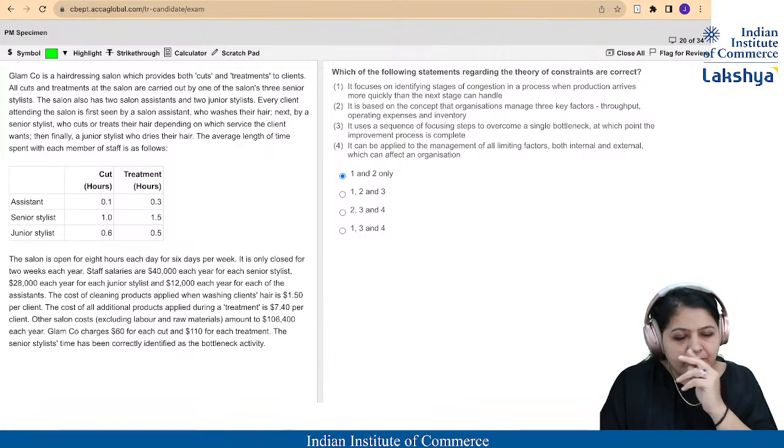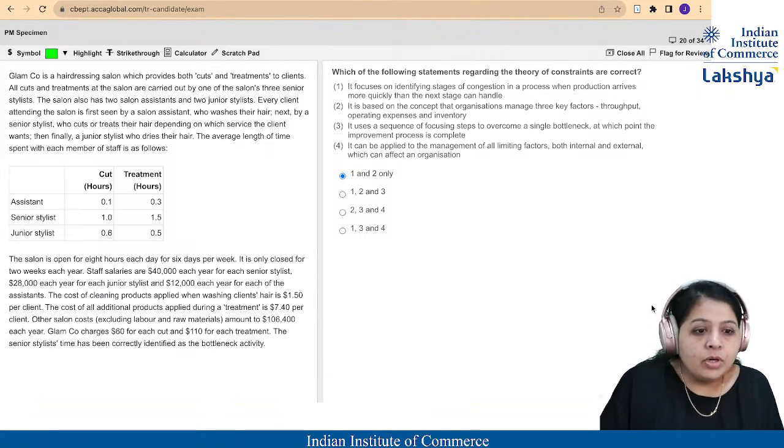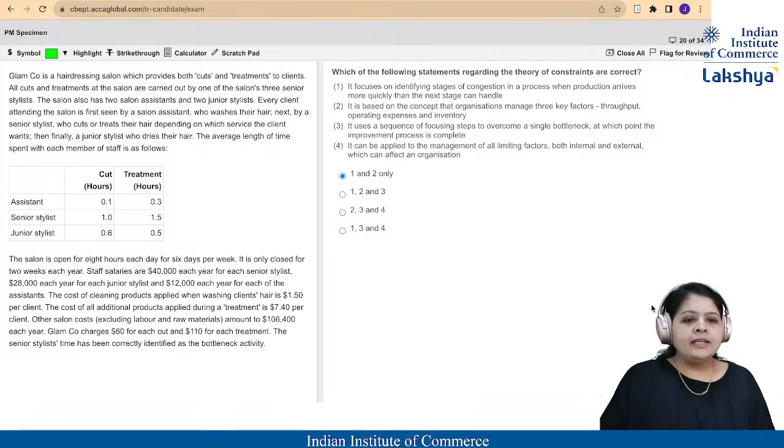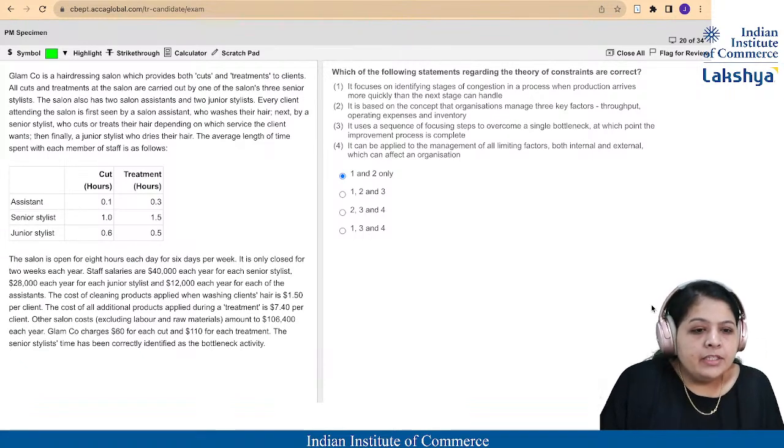It uses a sequence of focusing steps to overcome a single bottleneck, and it is applied to the management of all limiting factors. So the answer here is 1 and 2 because it focuses on the identification of stages of congestion in a process and tries to overcome that for sure. It is based on the concept to manage three key factors: throughput, operating expense, and inventory.